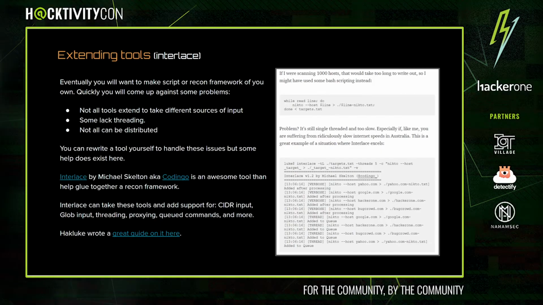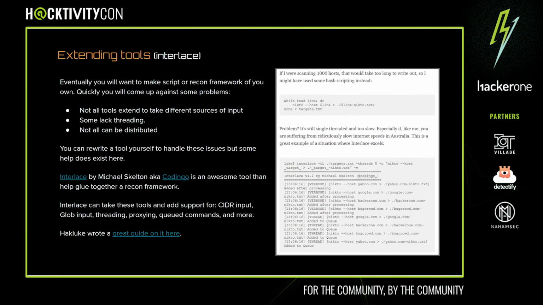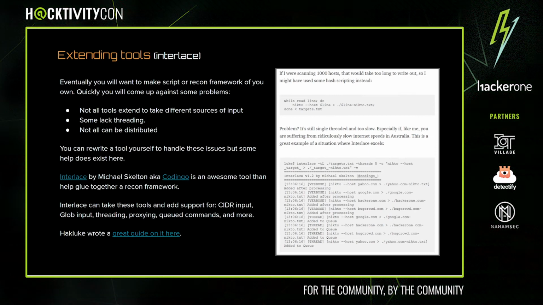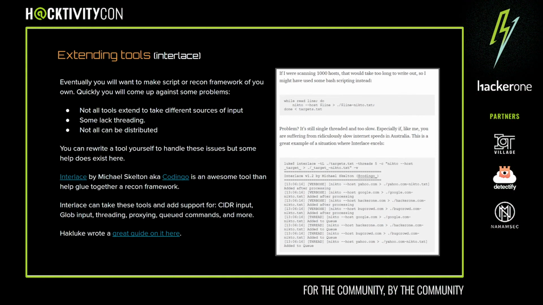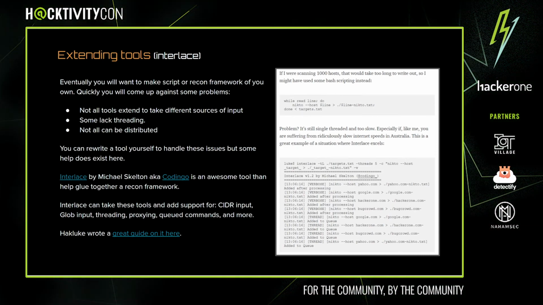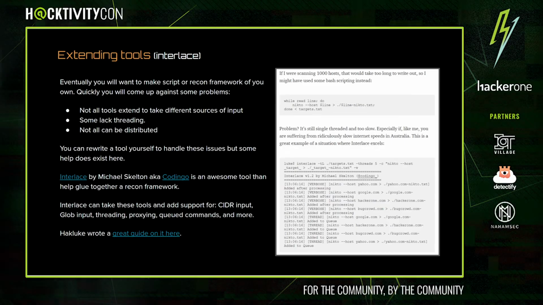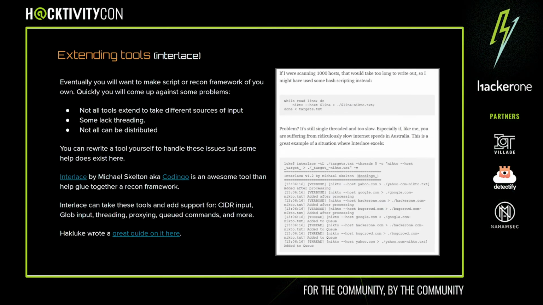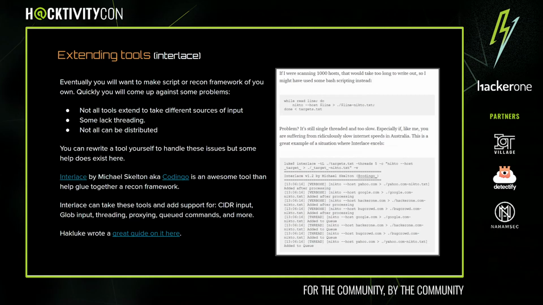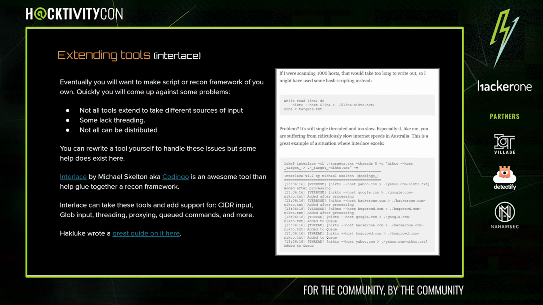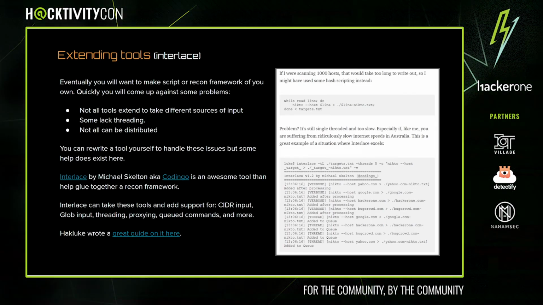What it does is it allows you to thread tools that don't include threading inherently. It allows you to add target notation, like Nmap has, using a range or a glob on IP addresses, to a tool that doesn't already have that. It's got all of these different helpers to extend a Bash script or a Python script that hasn't built these things into it yet.